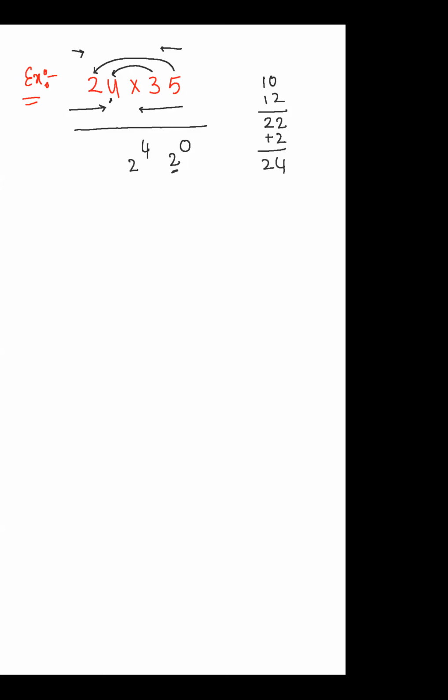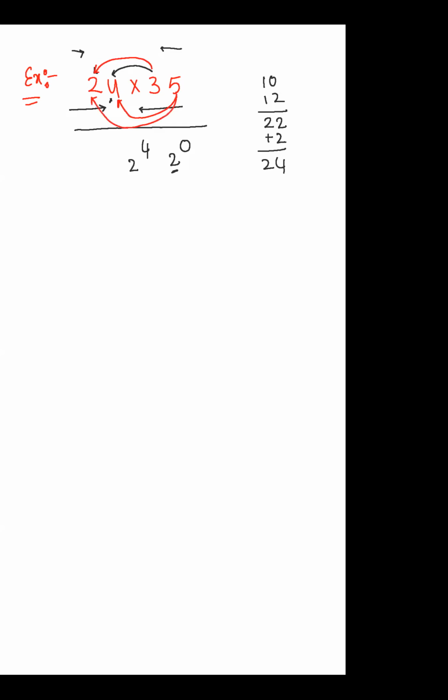Is it clear? See, the last digit 5 reached 2. That means the next, the 3 goes to 2. Are you getting my point? First, the 5 multiplied with 4. The next step, 5 is multiplied with 2.